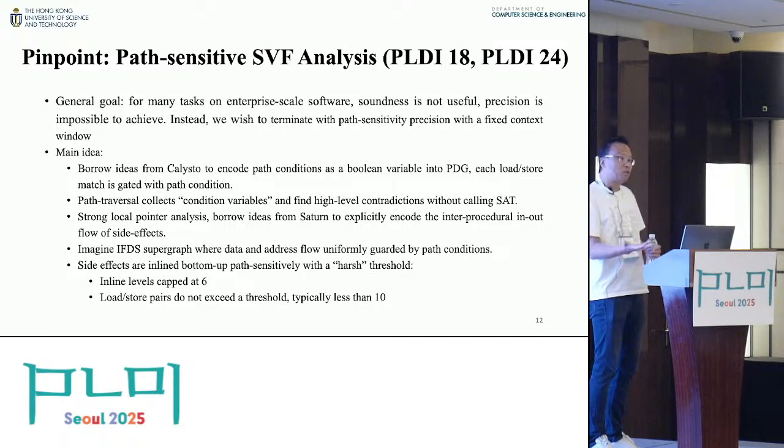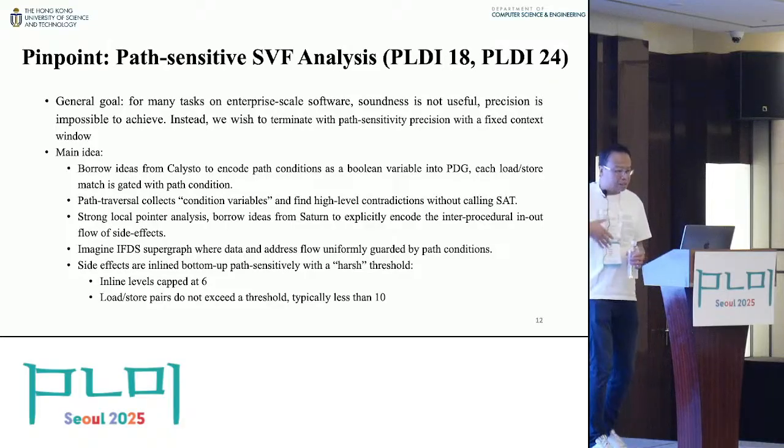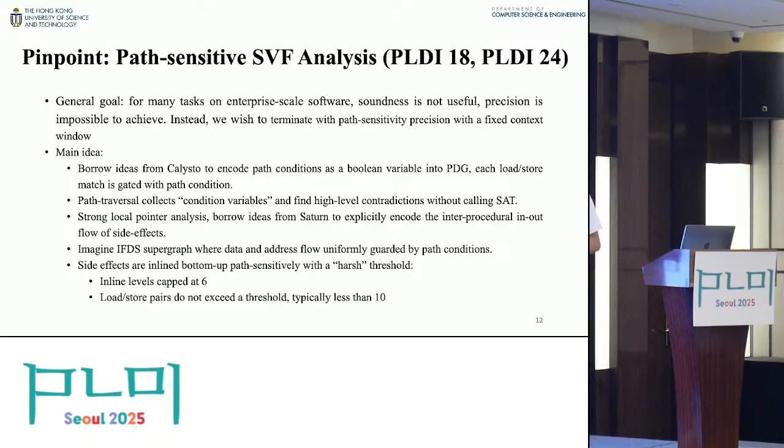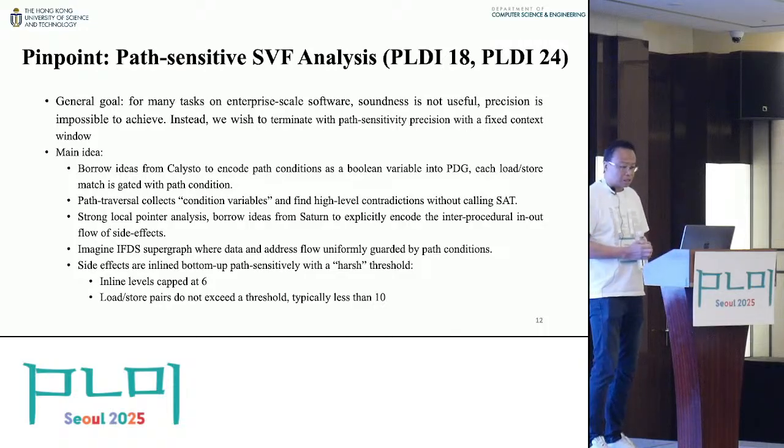We do perform pointer analysis, but purely local, so intra-procedural pointer analysis. Then we borrow ideas from Saturn to explicitly expose the side effects across the function boundaries. Why do we do that?